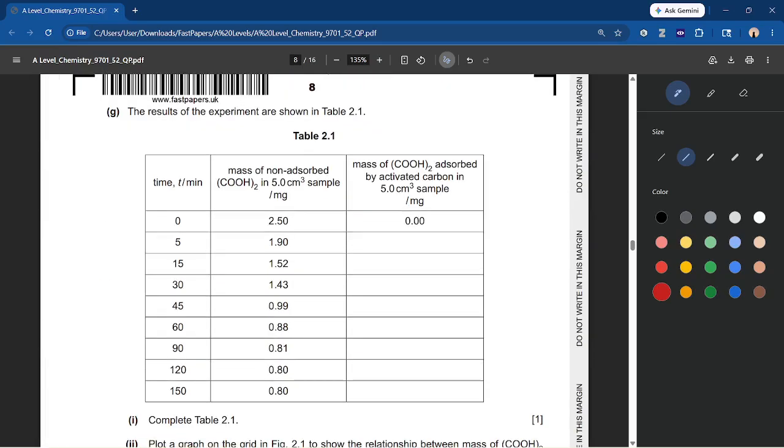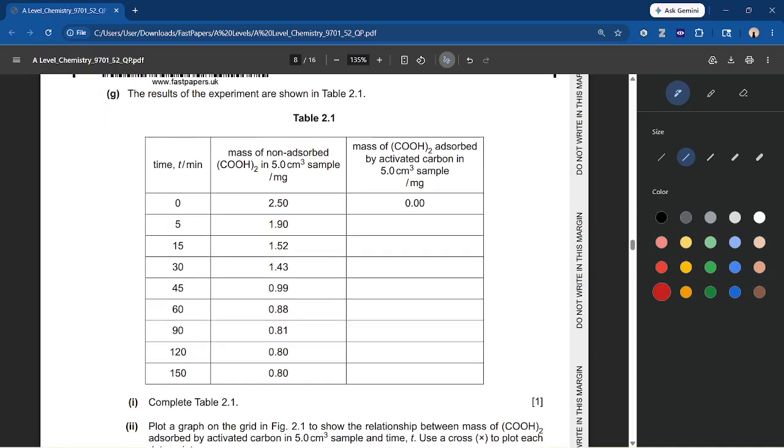The results of the experiment are shown in table 2.1. So you'll notice something over here. The mass of non-adsorbed COOH2 in 5 centimeter cube sample, 2.5, and the mass of COOH2 adsorbed by activated carbon in 5 centimeter cube sample. So total COOH2 is equal to non-adsorbed plus adsorbed.